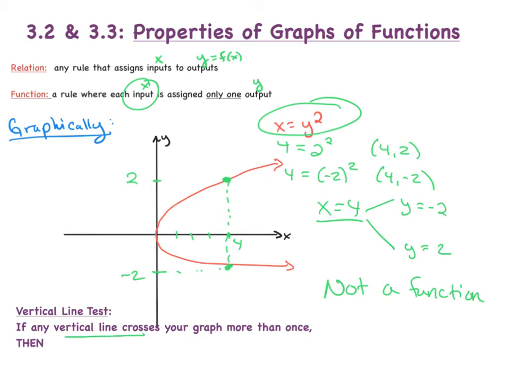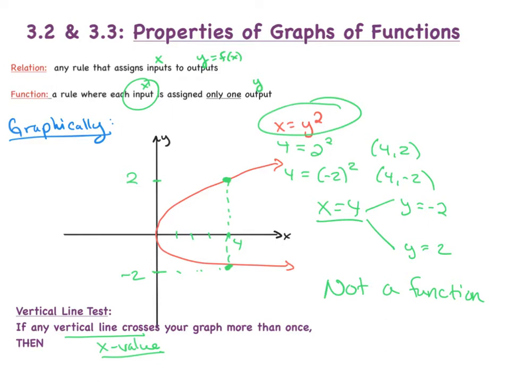So vertical lines go with x values. If any vertical line, or any x value, crosses your graph more than once, that means it has more than one y value, more than one output.